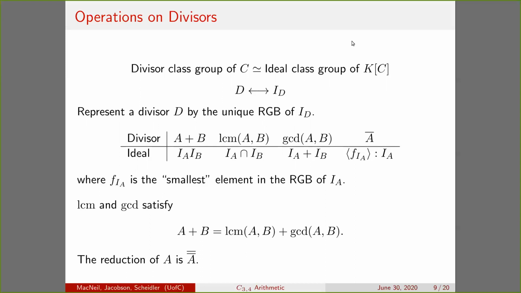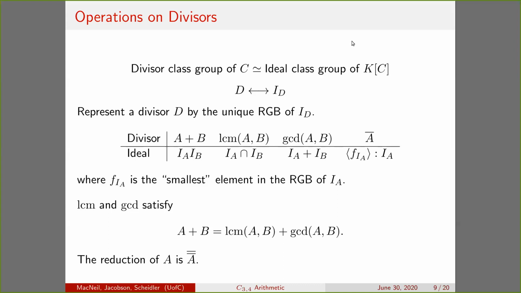Under this group isomorphism, the sum of two divisors is the same as the product of ideals. The least common multiple of divisors is the intersection of ideals. The greatest common divisor corresponds to the sum of ideals. And we have a fourth flip operation denoted by a bar that is related to the quotient ideal.